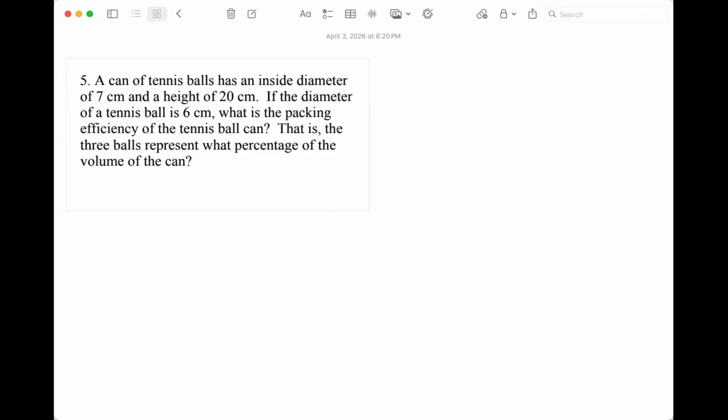Do we know what the height of the tennis ball is? It says that there are 3 balls, right, ma'am? Okay.